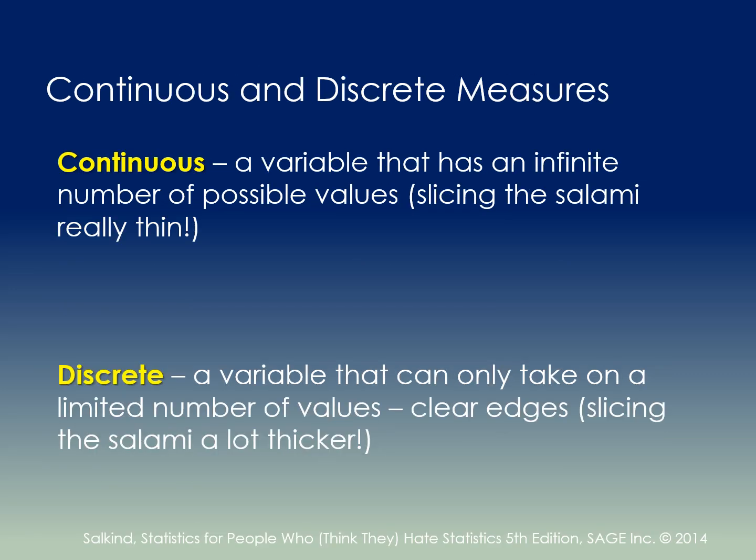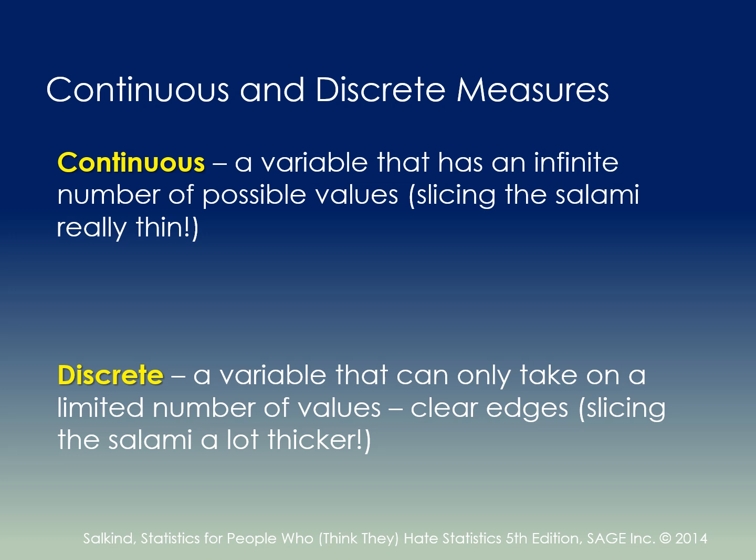So we can divide up our scales of measurement. Let's begin simply and put them into two different categories. There's going to be some subcategories of these two major categories here. But we can say that measures can be continuous or they can be discrete. And so a continuous variable is something that has an infinite number of possible values.